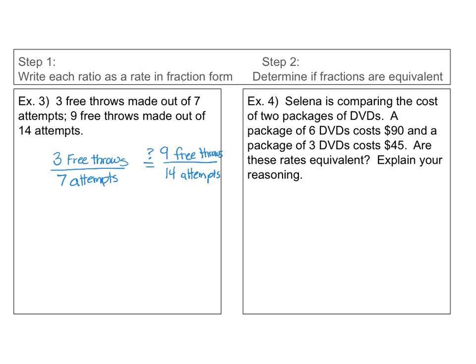Okay, so how do I get from 7 to 14? Well, I have to multiply by 2. How do I get from 3 to 9? I have to multiply by 3. Now, since I am multiplying by a different number on the numerator and on the denominator, these rates are not the same. So these fractions are not equivalent.